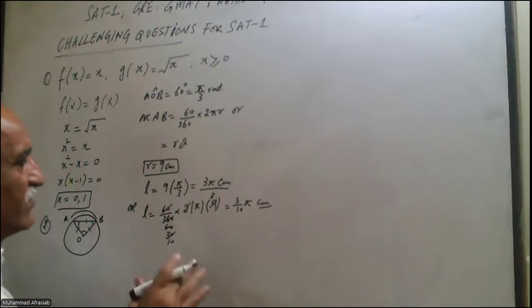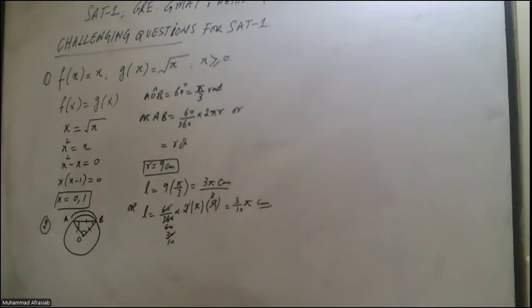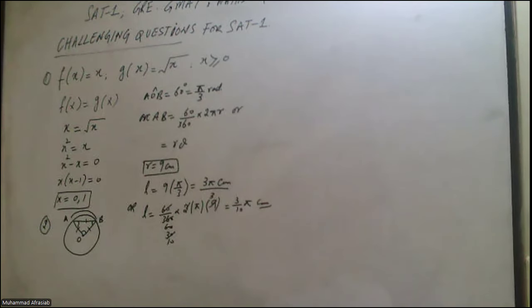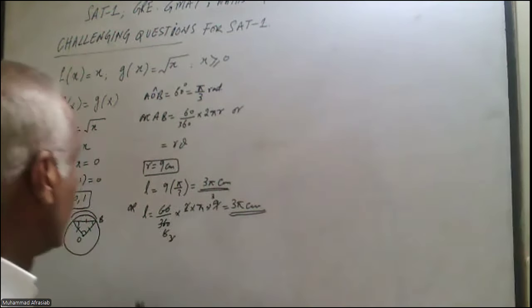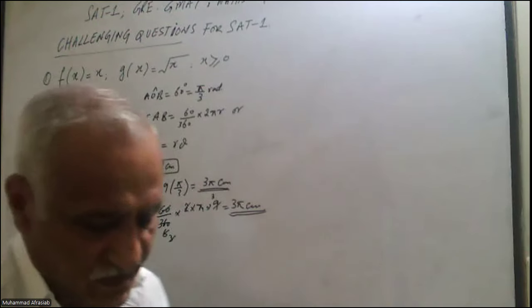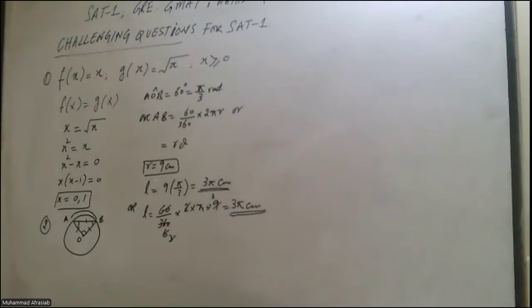So these are the two different ways for finding this calculation, if we are finding it in terms of the radians or in terms of the degrees there. We get the same length, 3 pi, in both the cases. So we will look at the answers there for this part.